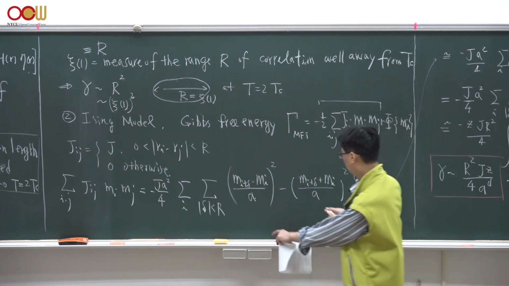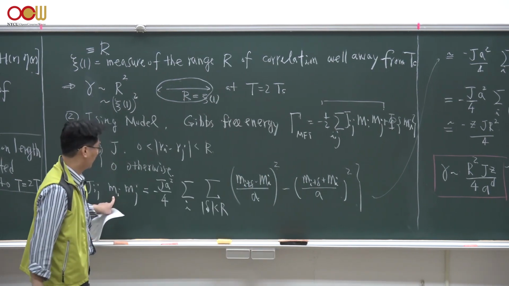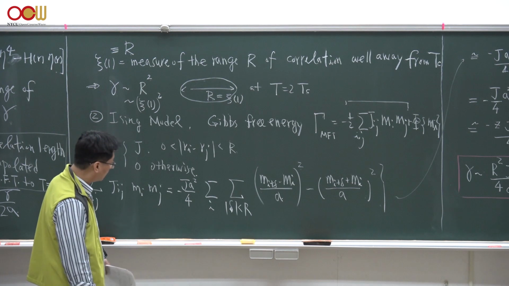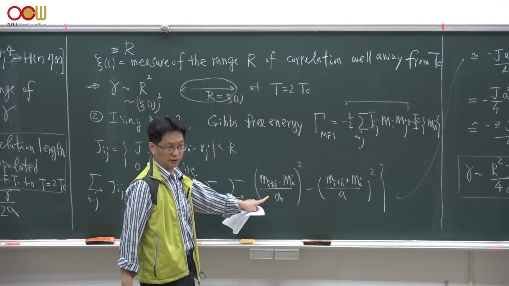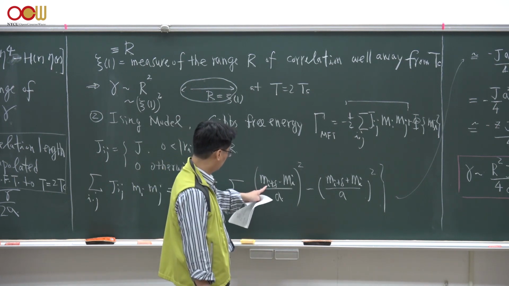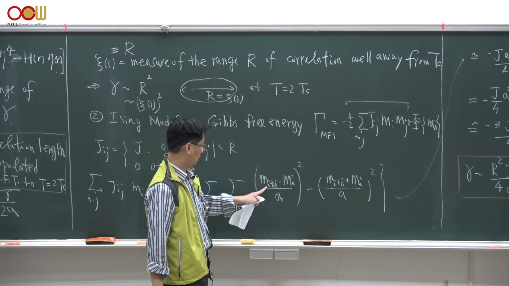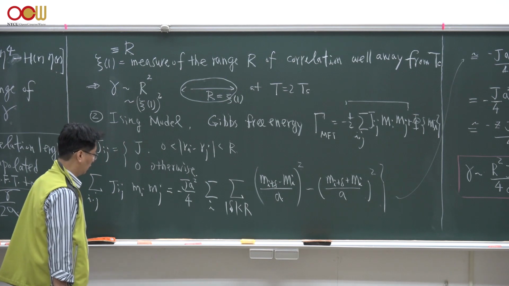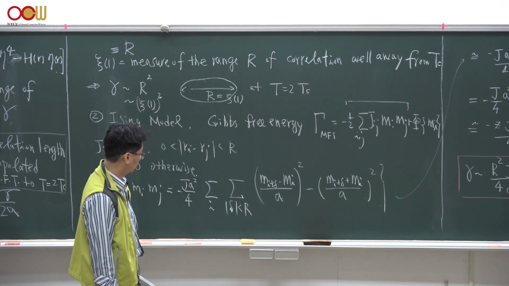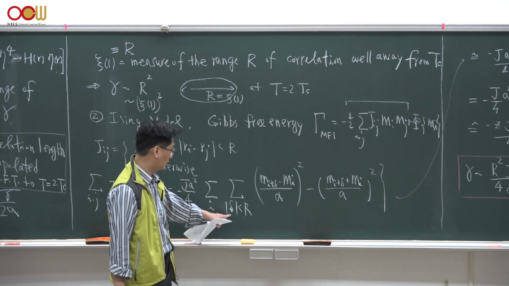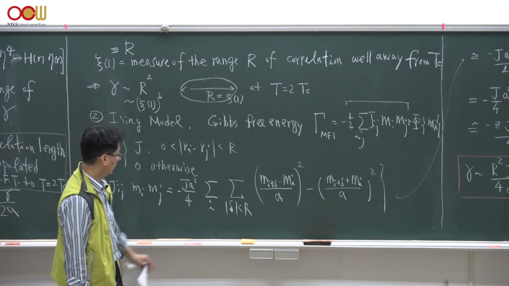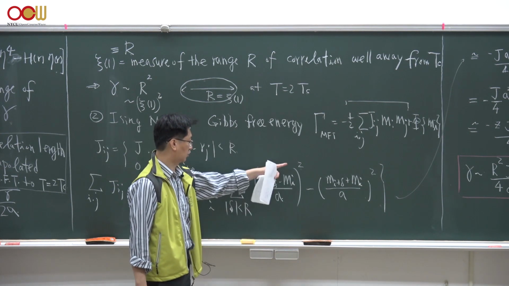We can separate this MiMj term into two terms, subtracted from one another. The first term is nothing but the gradient term: the magnetization shifted by a delta vector relative to any position i. You subtract this from the parameters at slightly different locations, summed over all possible delta within such a range of interaction, divided by a, and squared.